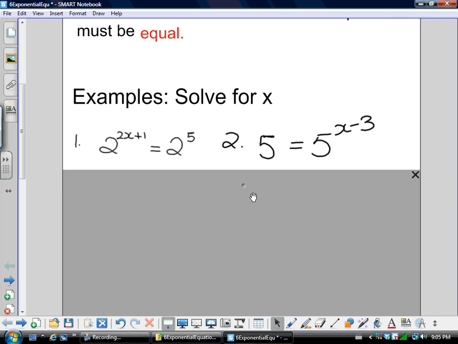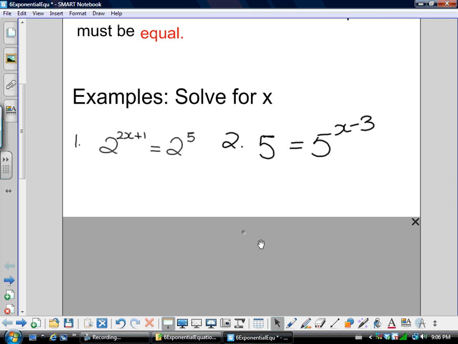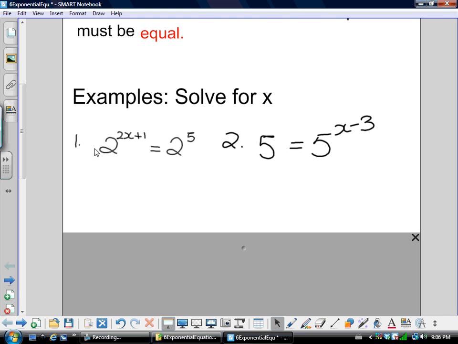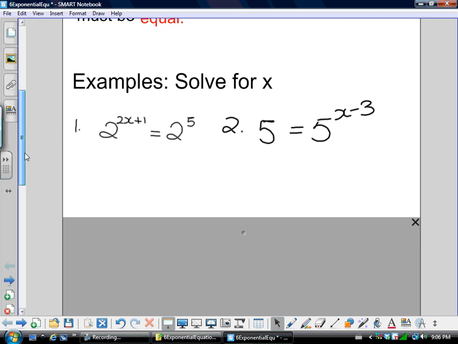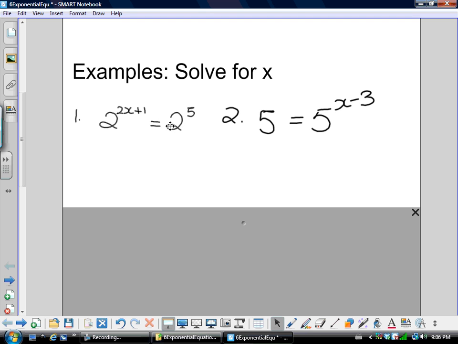The first question we're going to look at is 2 to the power of 2x plus 1 equals 2 to the power of 5. Well, let's take a look. Are the bases the same? Yes, they're both 2.